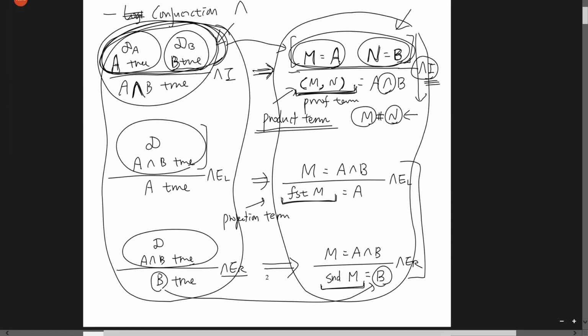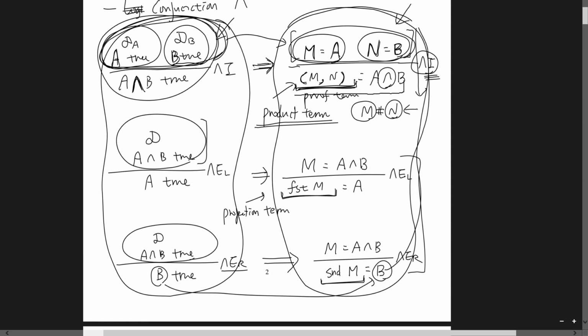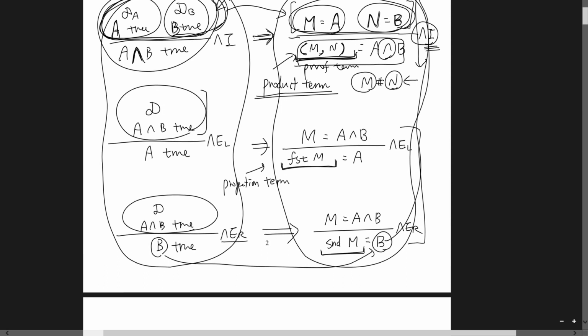This is the first example of applying the Curry-Howard isomorphism to derive these inference rules. This judgment is actually called a typing judgment. This one is the truth judgment, and this is the typing judgment, because essentially it says this proof term has this type.